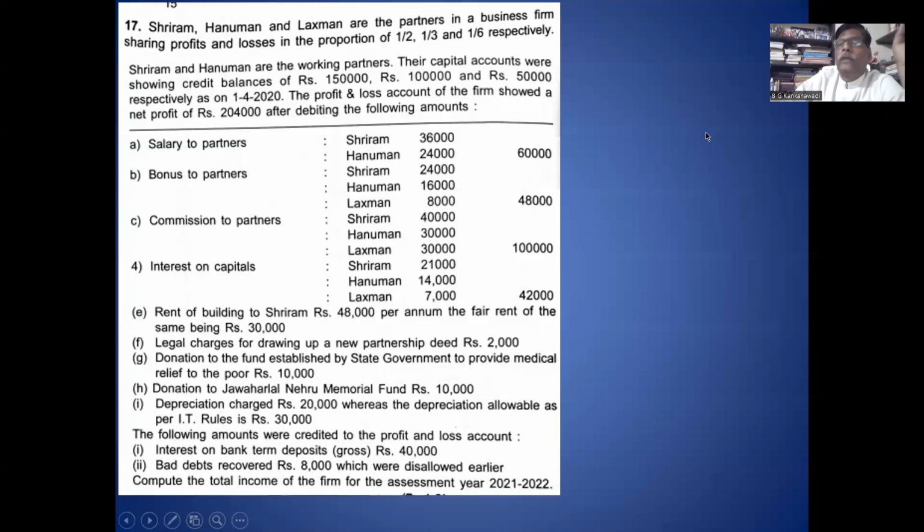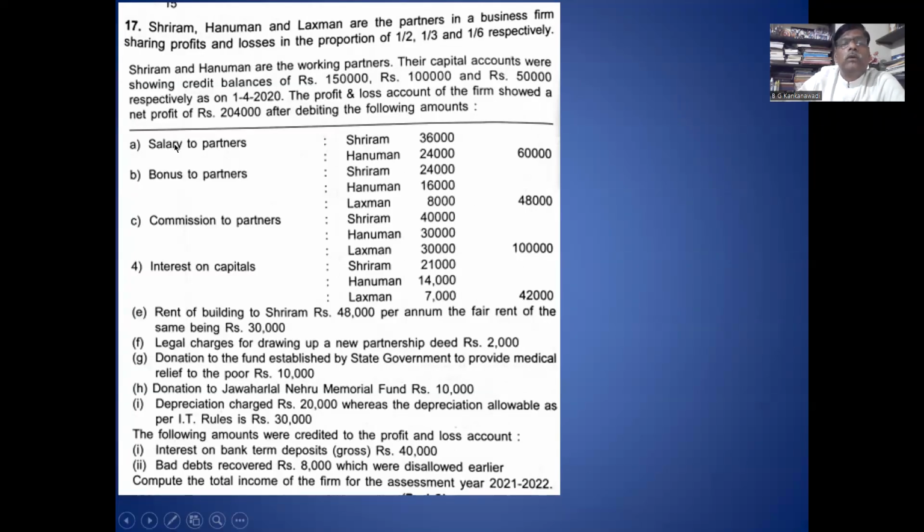2,04,000 is the net profit as per the P&L account, after debiting the following items. If the following items are related to business, then no problem. If they are not related to business, you disallow them and consider them for calculating the real income from business.